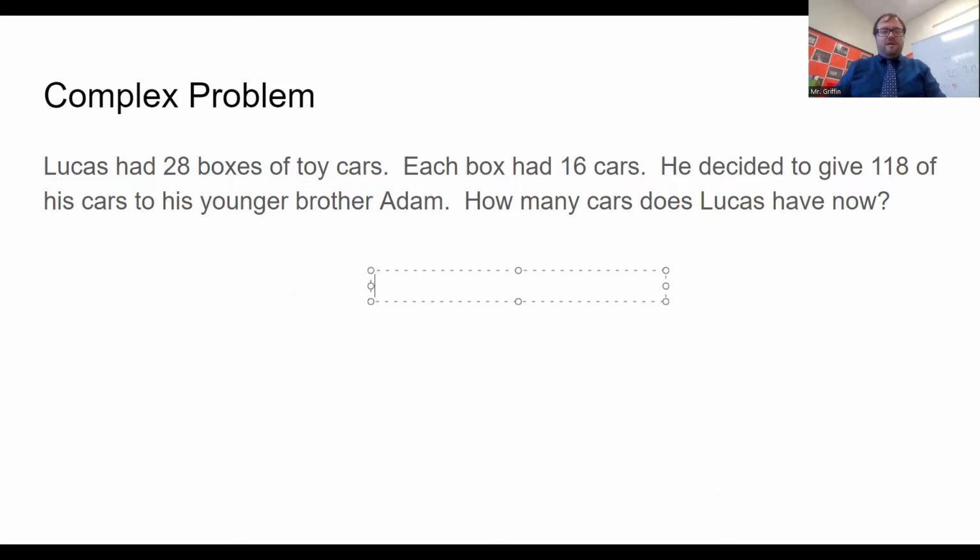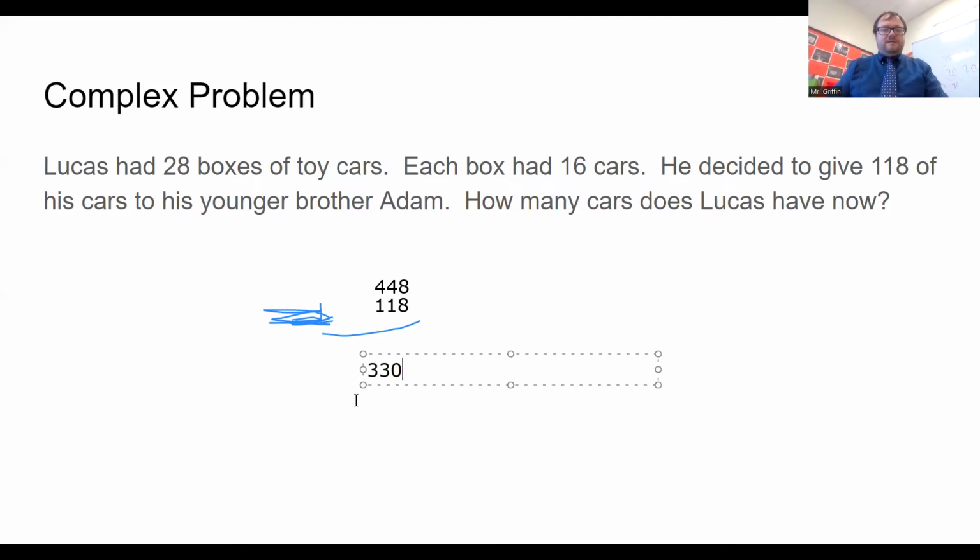So 448 minus 118. There we go. Draw my little line. Now I'm subtracting. And then the answer will be 3, 3, and 0.